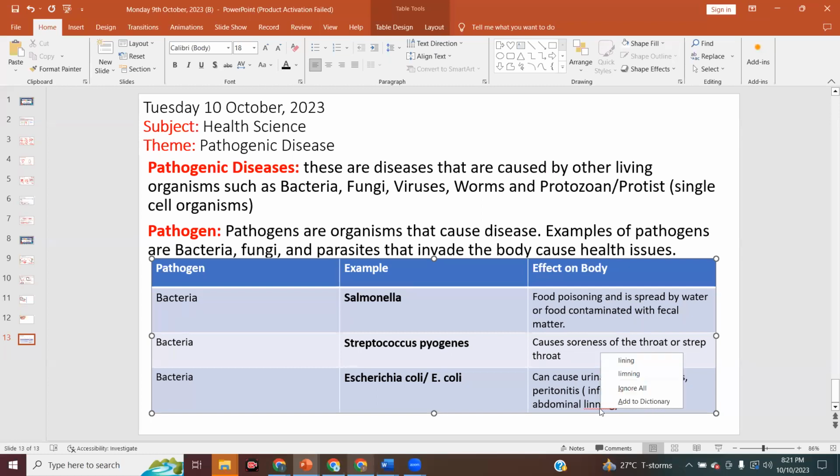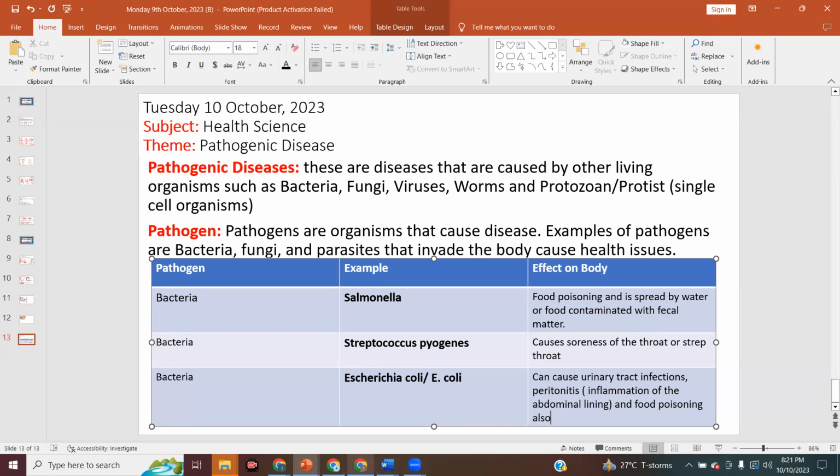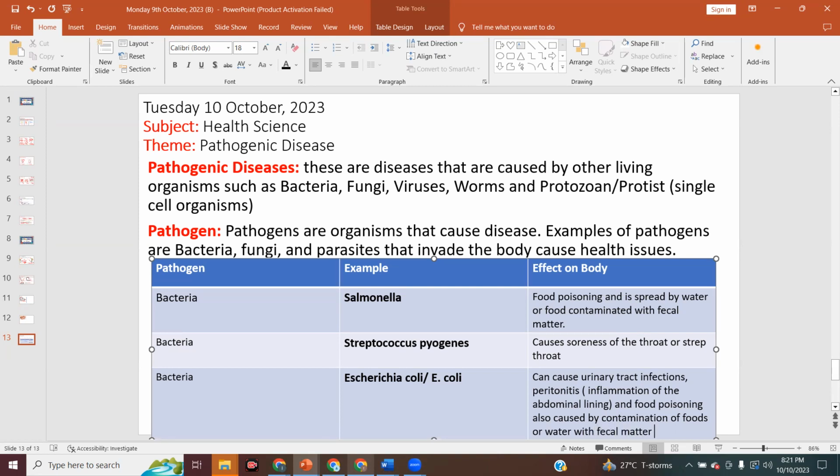So this also causes food poisoning as well, also caused by contamination of foods or water with fecal matter.